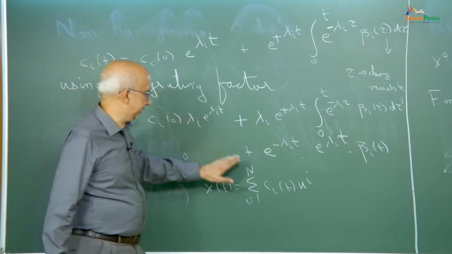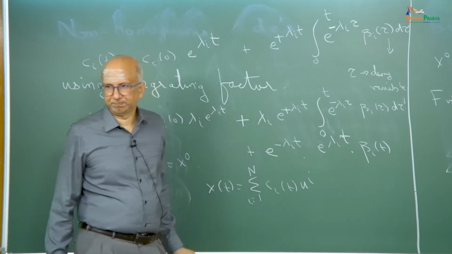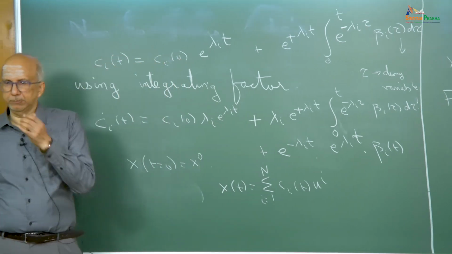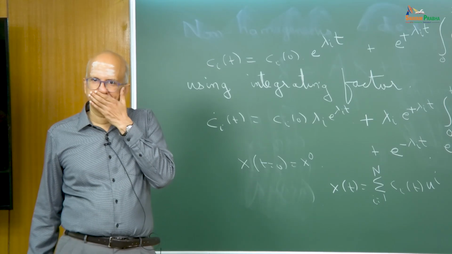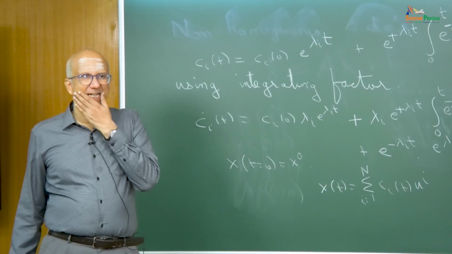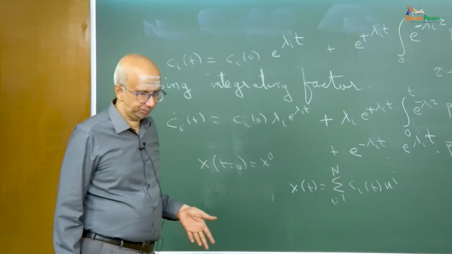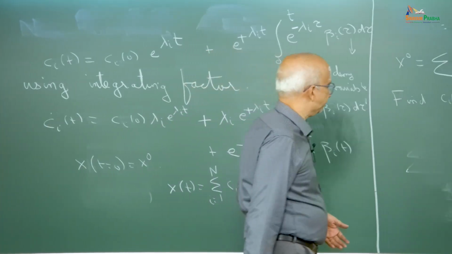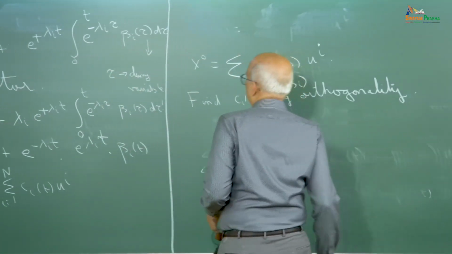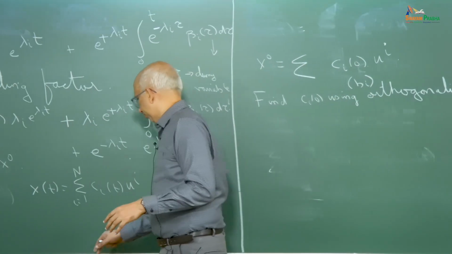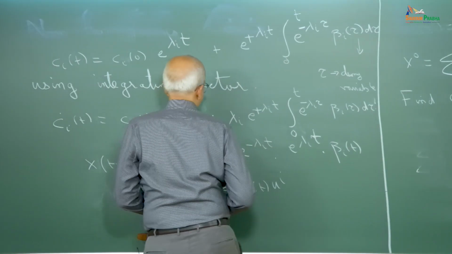Once I know Ci, I can substitute it here and find x. So, that is the method. What we have done is basically extended whatever we have done to non-homogeneous equations.